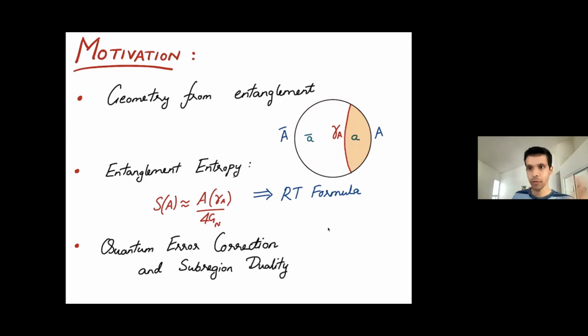Now there's been a lot of work on this in the last decade or so, and we've understood this pretty well. And so the motivation here is to go beyond that and understand in a deeper way how geometry emerges from entanglement.